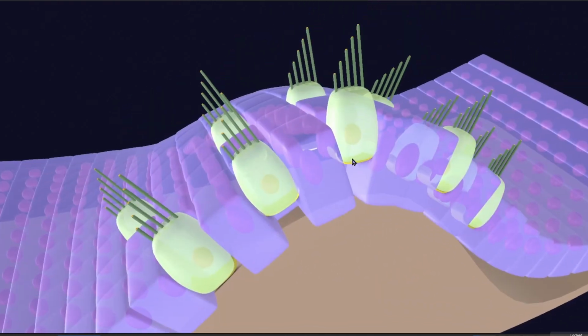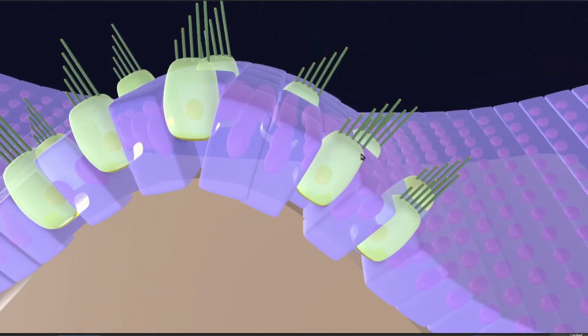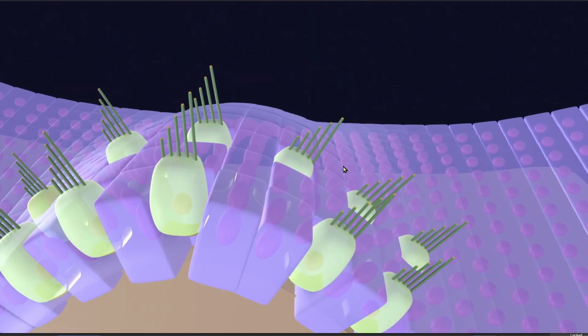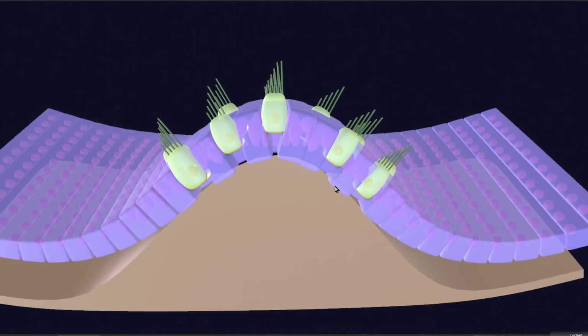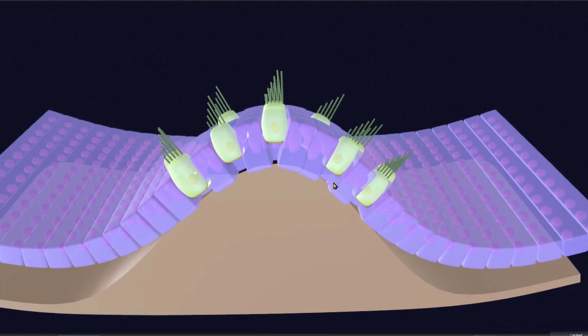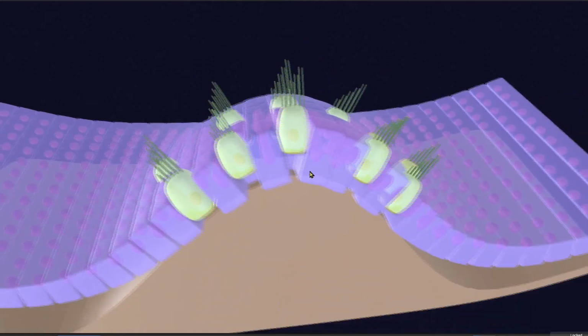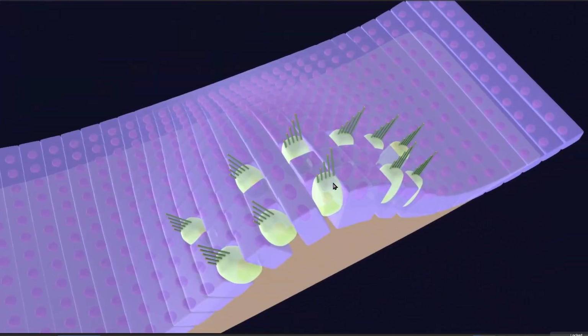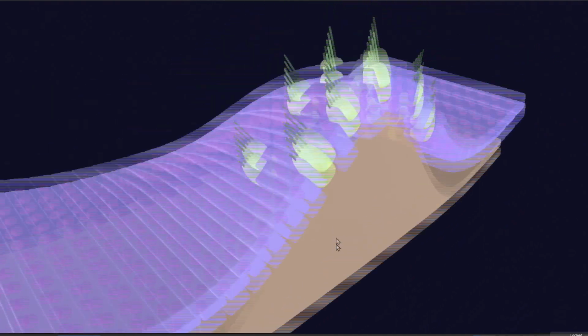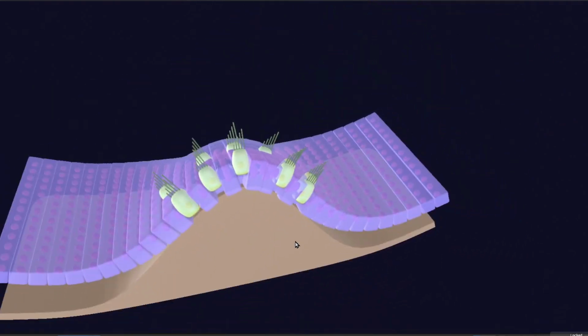You see, hair cells are interspersed at the top of the crest. Please understand that at the top of crista ampullaris, the hair cells of semicircular canals are interspersed in between the bed of supporting cells. I hope you are very clear about this.